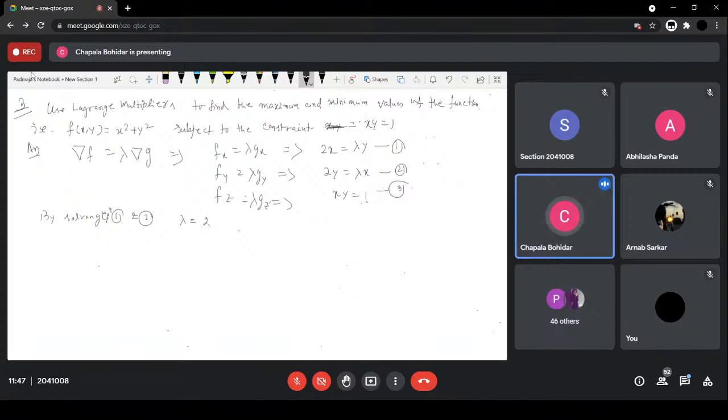If lambda is equal to 2, then equation 1 becomes x is equal to y. Put that in equation 3. So what do you get? y square is equal to 1, y is equal to plus minus 1.